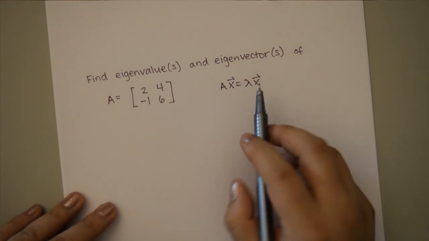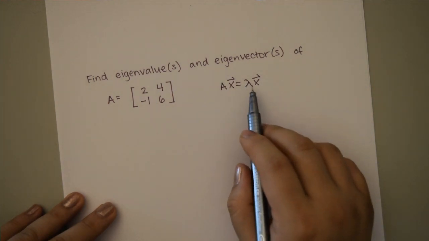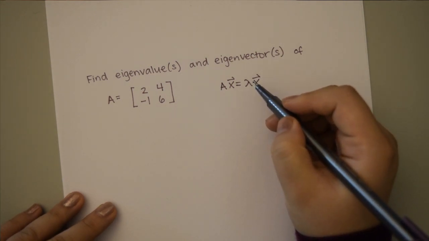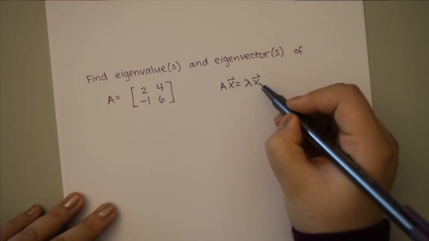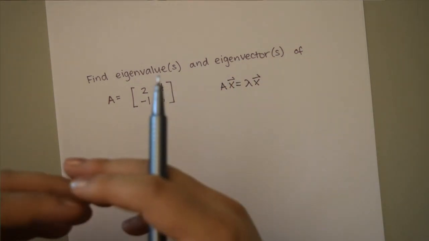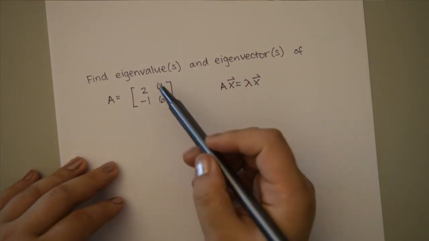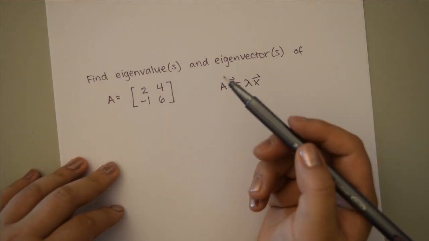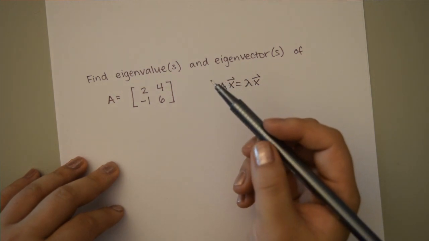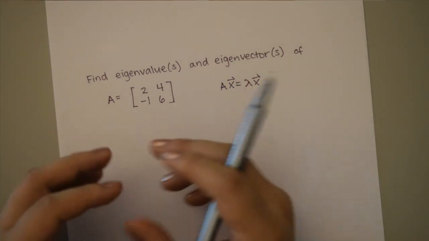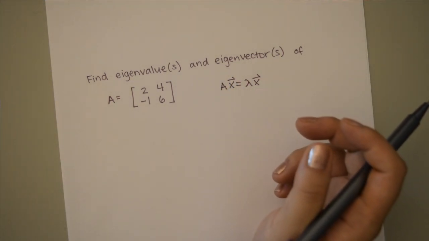So that's the eigenvalue, this lambda, times x, lambda times that vector. So the idea is that the transformation made by this matrix is only scaling the vector by a scalar. That's the idea.